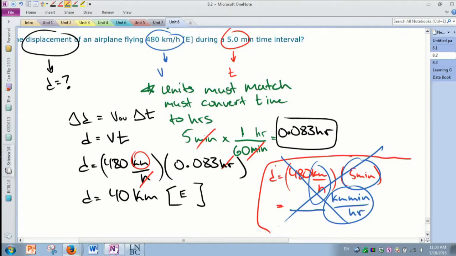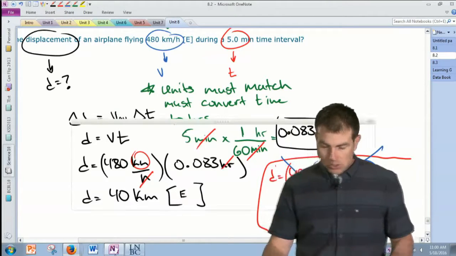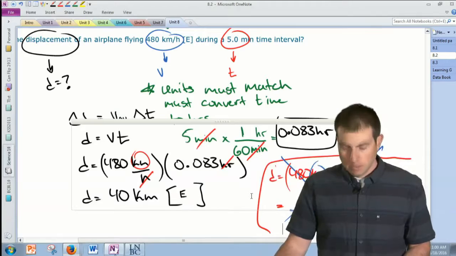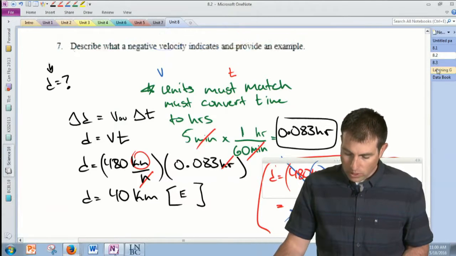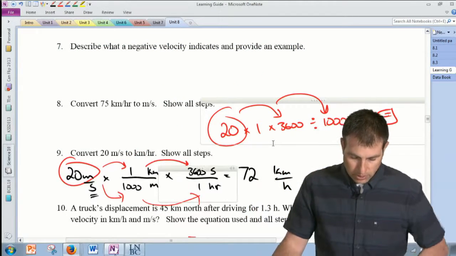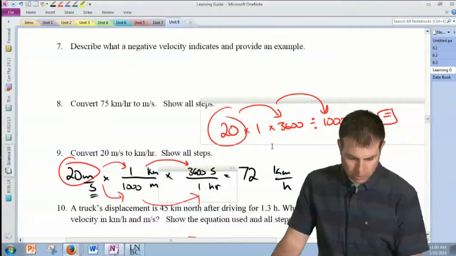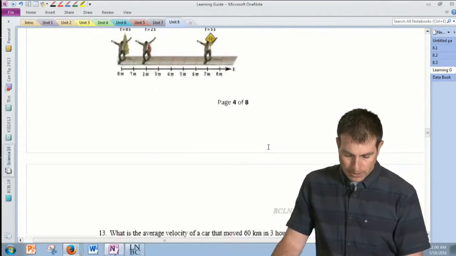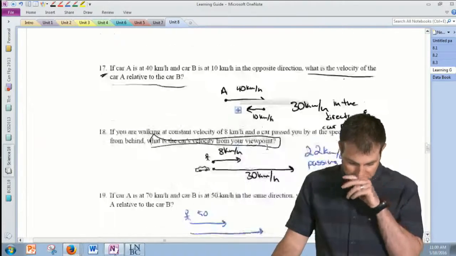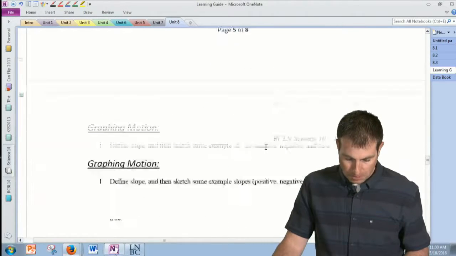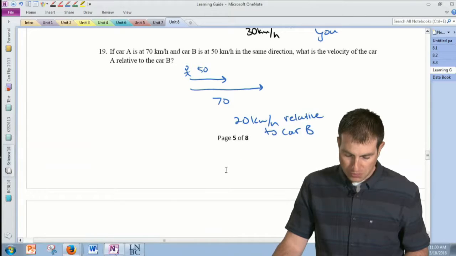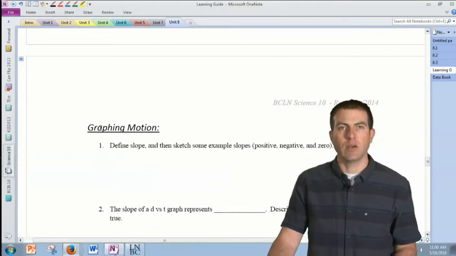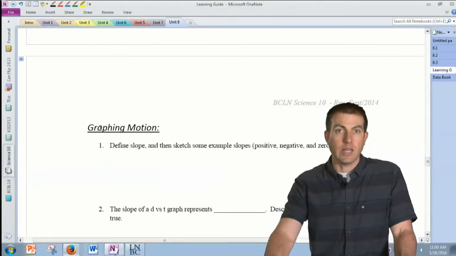20 minutes or so left, and it's not going to be enough time for section 8.3. Maybe I'll just look at the learning guide here and we'll see where we're at. So you guys should be good up to the relative velocity, up to page 5. We haven't done graphing motion yet, and graphing motion will be 8.3.